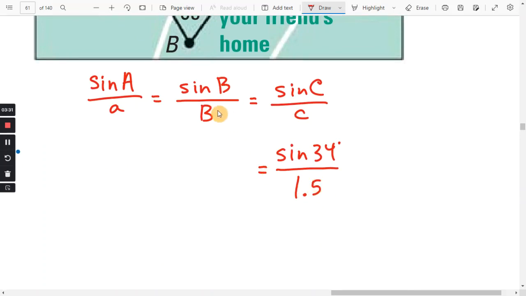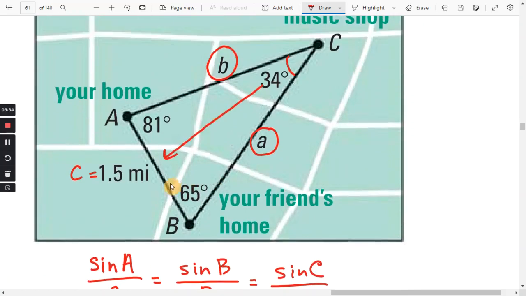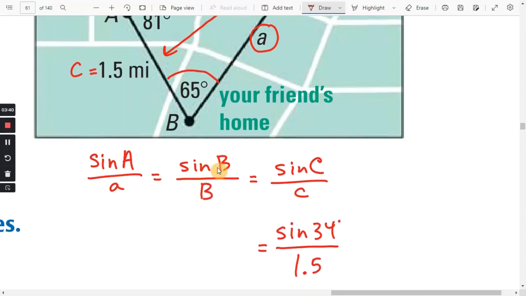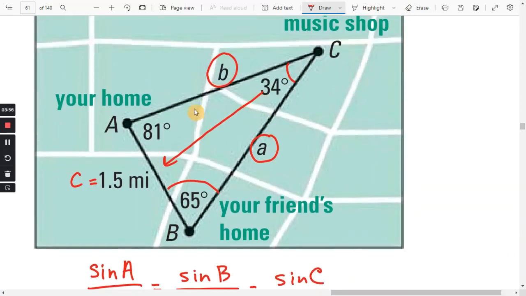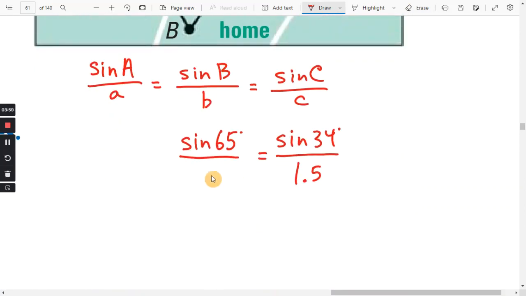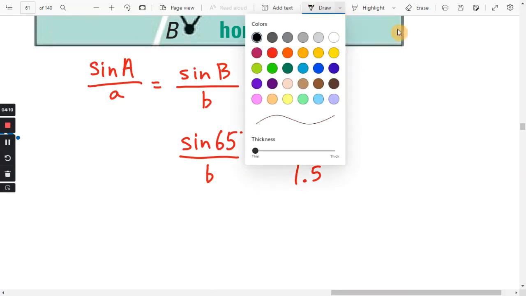Let's take care of the one with b. We can see angle B is 65, so the sine of B is going to be sine of 65 degrees. This should be a lowercase b, I made a little mistake. Side length b we do not have. So now we have our fractions and one variable, which is good. We're going to cross multiply.